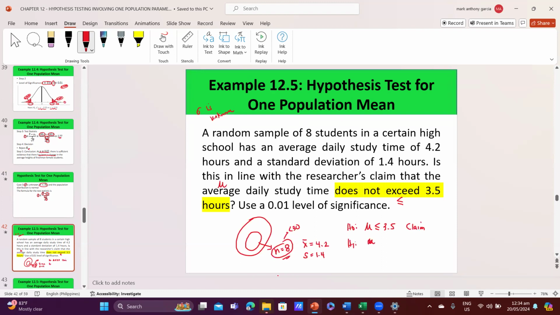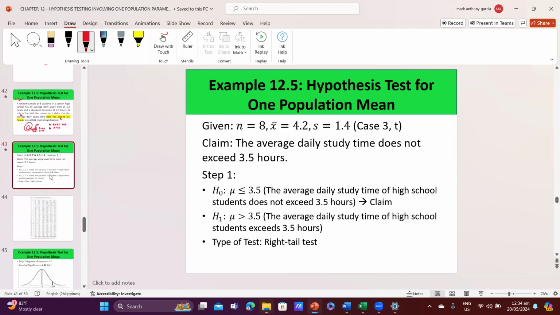Our H1 is just the complement of this statement, which is mu is greater than 3.5. So step 1, we formulate the null and alternative hypothesis. That's what we have done so far in the previous slide. And since H1 is greater than, then it must be a one-tailed test or a right-tailed test.